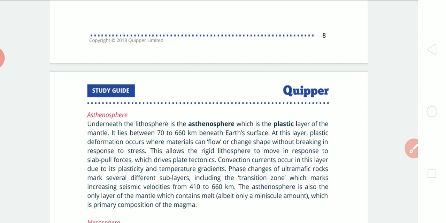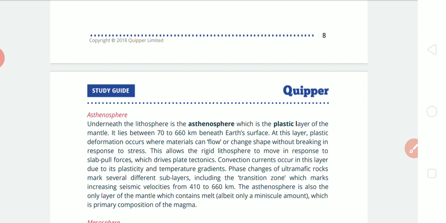Phase changes of ultramafic rocks mark several different sublayers, including the transition zone, which marks increasing seismic velocities from 410 to 660 km. The asthenosphere is also the only layer of the mantle which contains melt, which is a primary composition of magma.